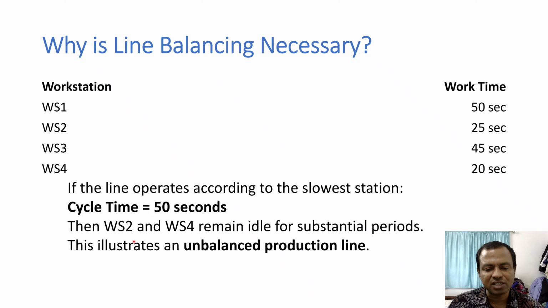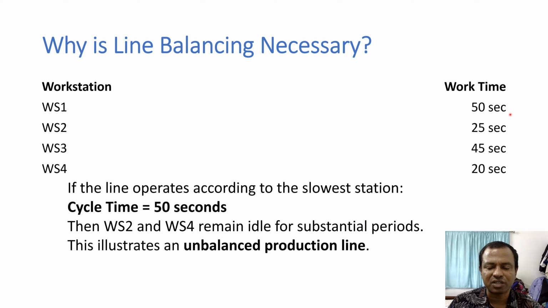Then workstation 2 and workstation 4, workstation 2 has 25 seconds and workstation 4 has 20 seconds, will remain idle for substantial periods, because those workstations need only 25 seconds and 20 seconds respectively to complete the work.